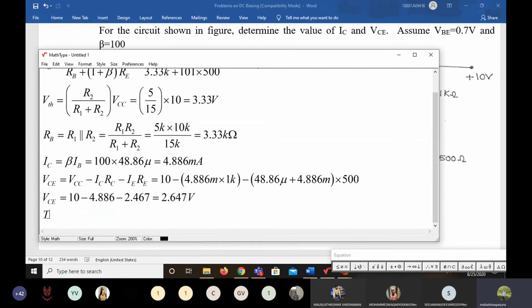So hence the Q point is VCEQ equal to 2.467 volts, and ICQ is 4.886 milliamperes.